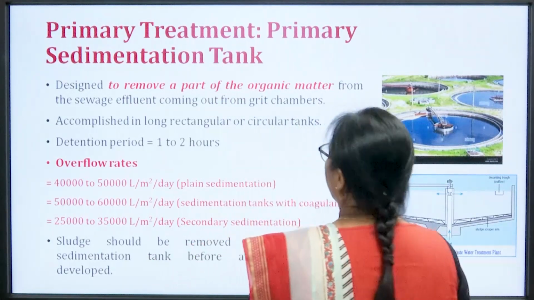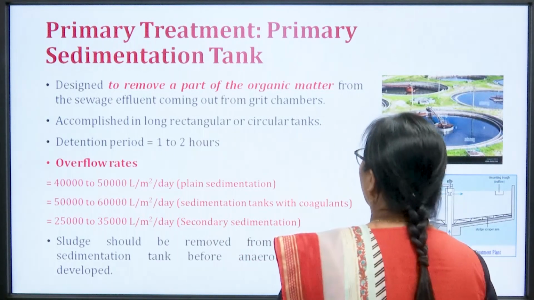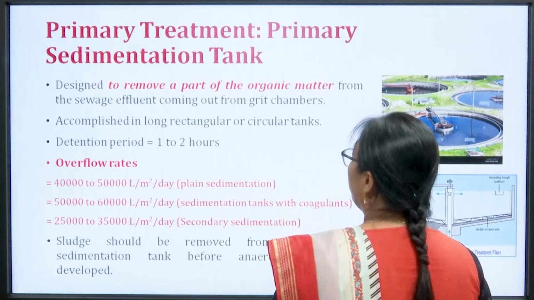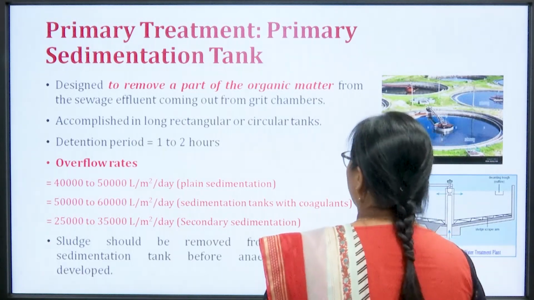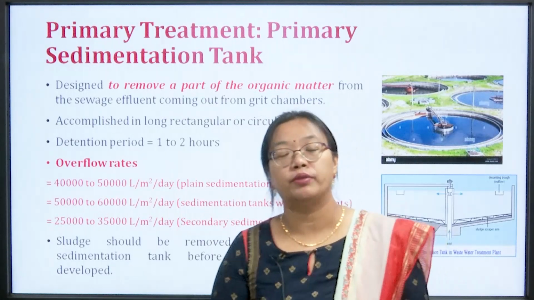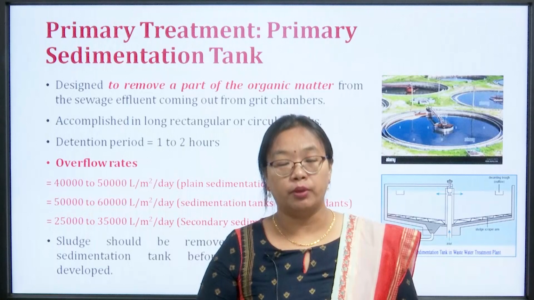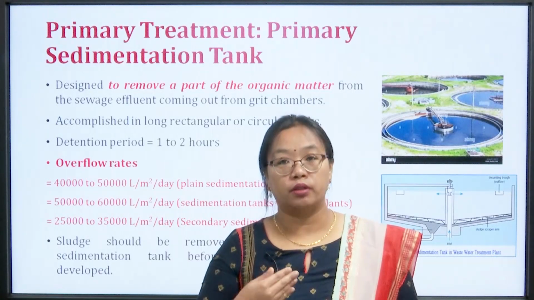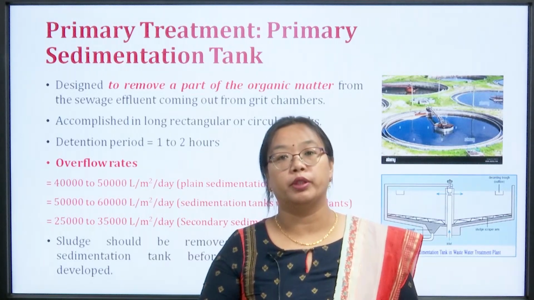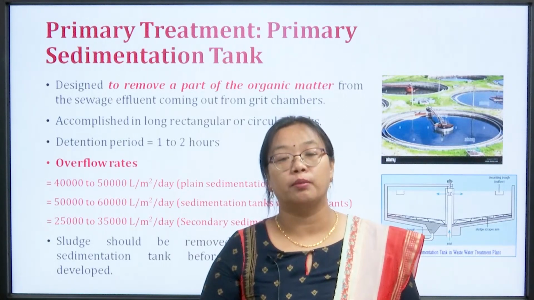So, what is a primary sedimentation tank? They are designed to remove a part of the organic matter from the sewage effluent coming out of the grit chambers. In preliminary treatment, we have talked about screens, grit chambers, shredding devices, and skimming tanks.